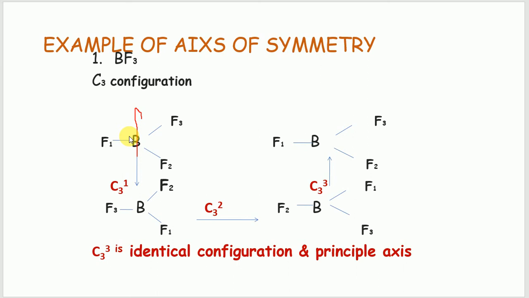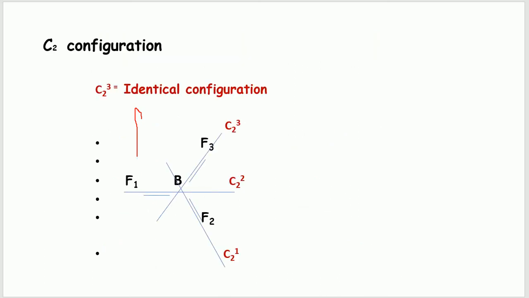What about the BF3 molecule? Are any other axes of symmetry present or not? In the BF3 molecule, along with the C3 axes, there are C2 axes present.